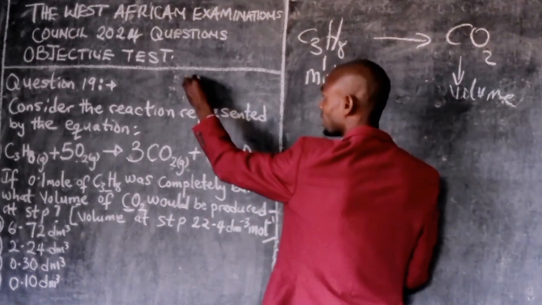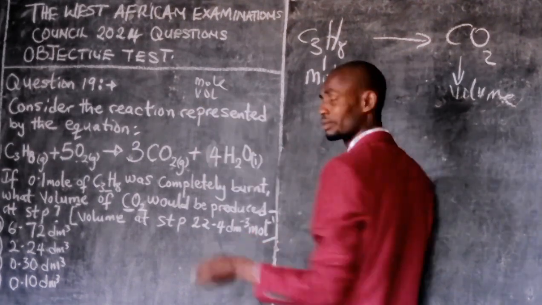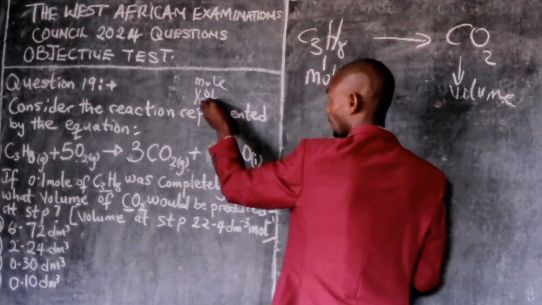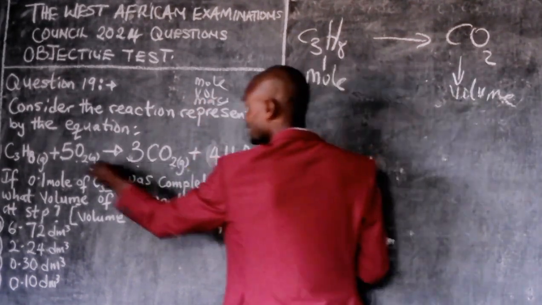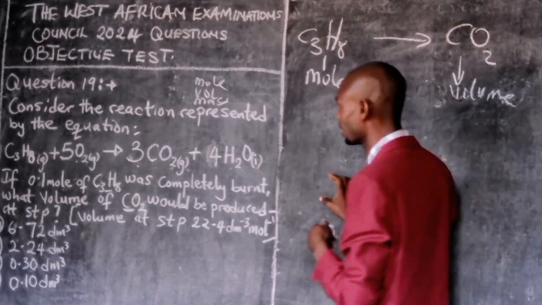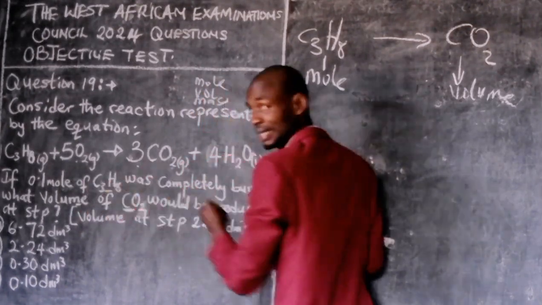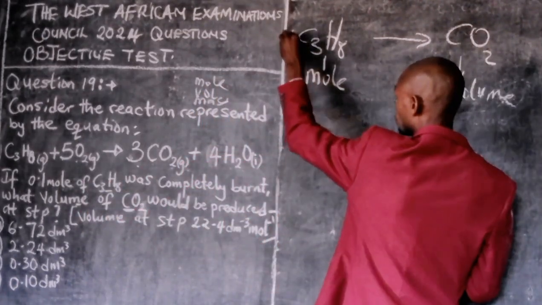That number can represent mole, volume, or mass. We call this the stoichiometry number, the coefficient that you use to balance a chemical equation. So right now, since we are dealing with mole for C3H8, the mole here is now 1.